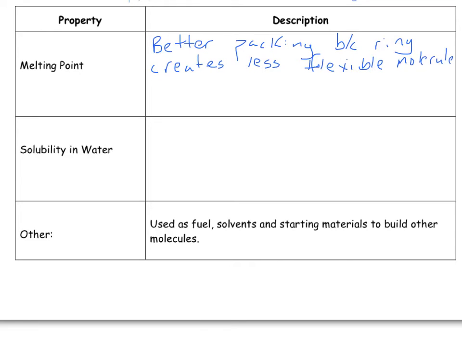So it makes the atoms not wiggle around as much, so they stay in the crystal lattice better. So this increases the melting point compared to the same chemical in a straight chain.